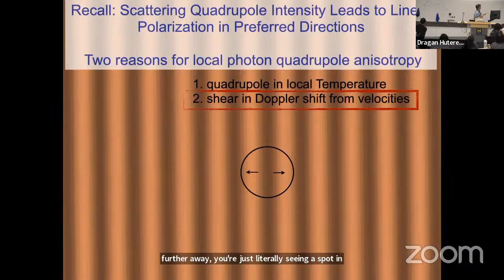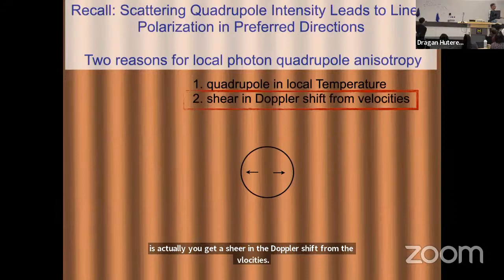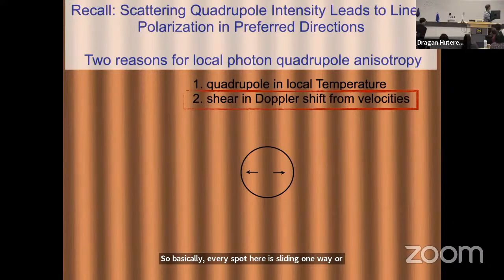The other thing that can happen, that is a larger effect, is you get a shear in the Doppler shift from the velocities. Basically every spot here is sliding one way or another. So, for instance, if you're right here, and that's an overdensity, you have the material moving out. So this material is moving away from this spot right here, if that's an underdensity.